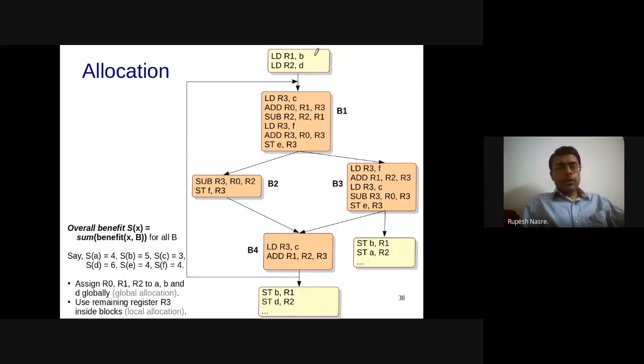So B and D get loaded, since that is a global allocation that happens outside all of this control flow graph that we have. So that means that there is some initial block, let's say start block or so, where you can push these variables into R1 and R2. We also said R0 somewhere, right?